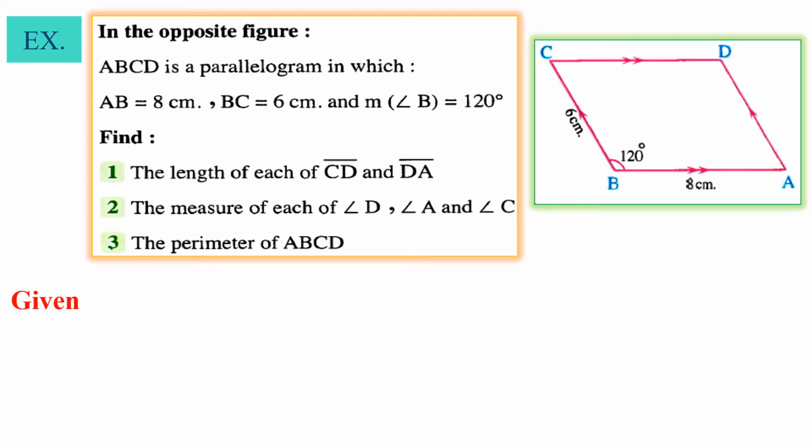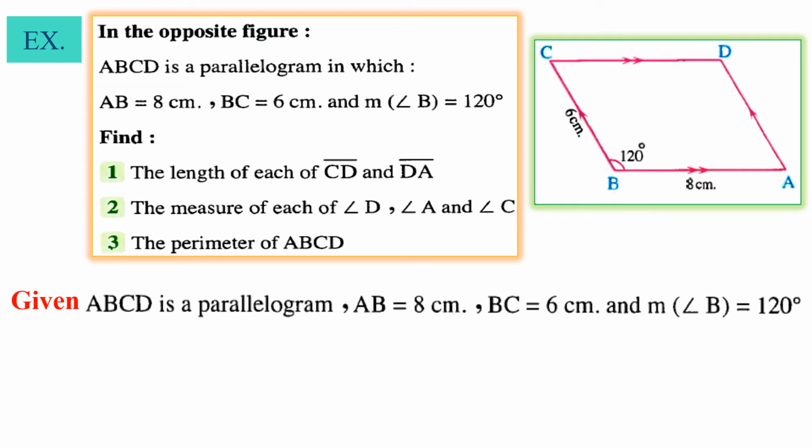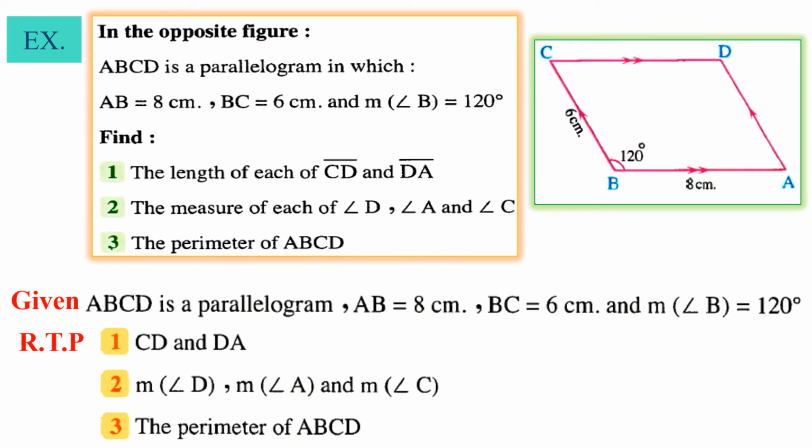Here our given is ABCD is a parallelogram, AB equals 8, BC equals 6, and measure of angle B equals 120. What about the RTP? Find the length of each of CD and DA, the measure of each angle D, angle A, angle C, and the third one is the perimeter of the parallelogram ABCD.